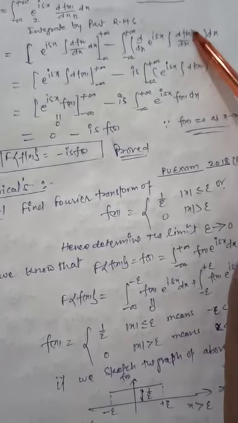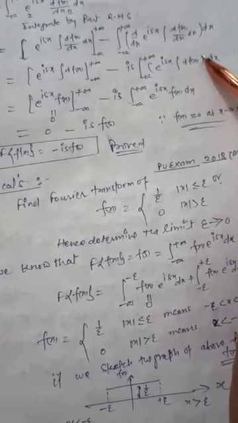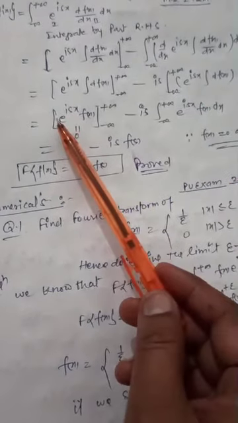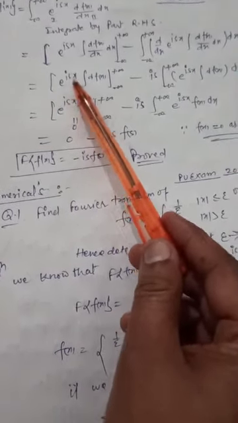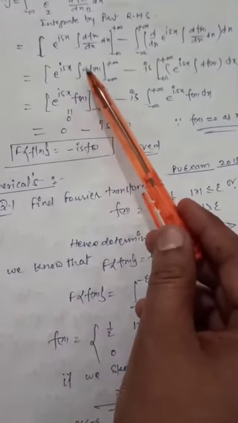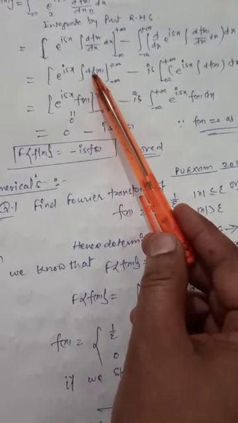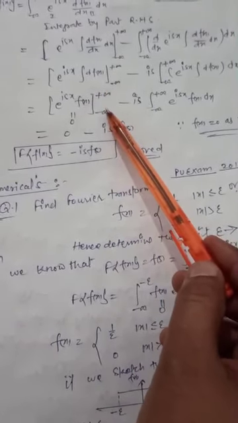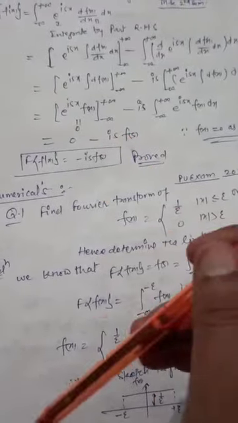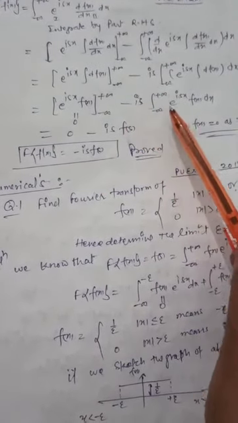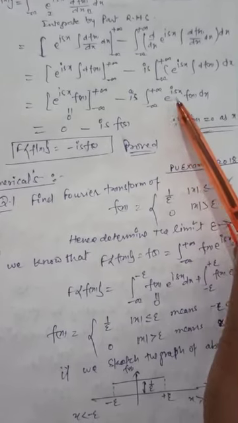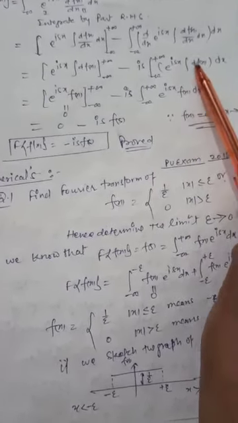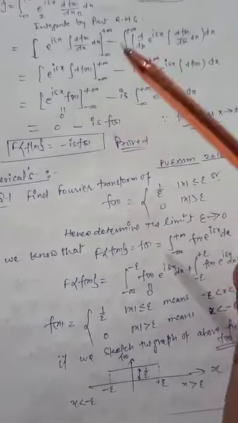Integral: this portion is cancelled, dx to x cancel, df of x, integral dx. Okay, now here exponential iota sx, integral df of x is f of x from minus infinite to plus infinite, and minus iota s, minus infinite to plus infinite, exponential iota sx, f of x dx.